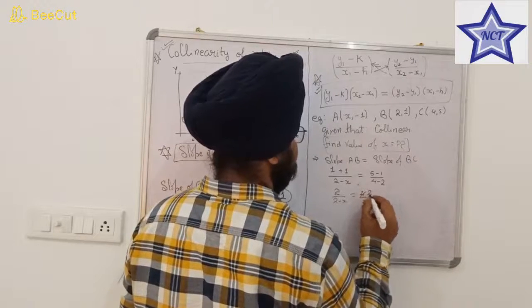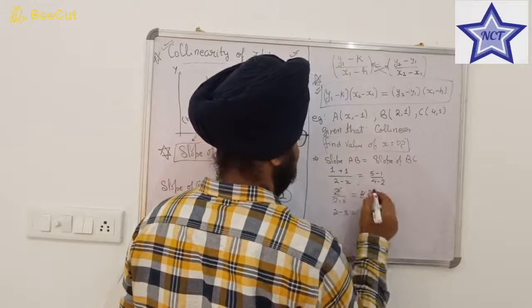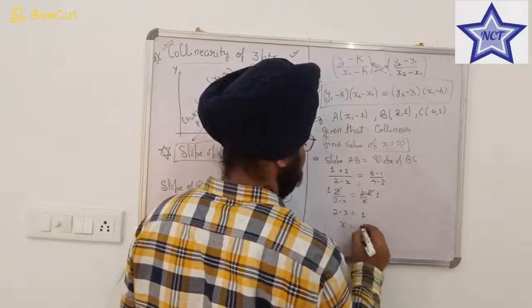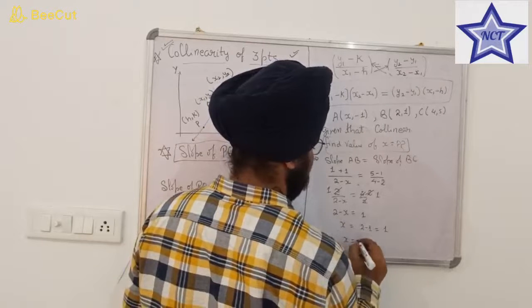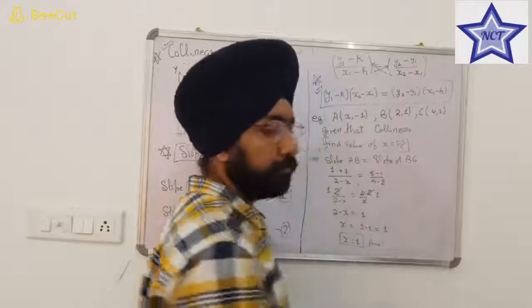Rearranging and cross multiplying, I get 2 minus x equals 1. So x equals 2 minus 1, that is equal to 1. This is my required answer.